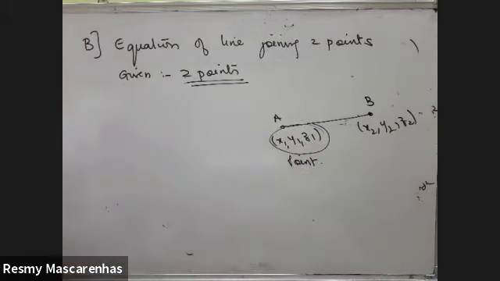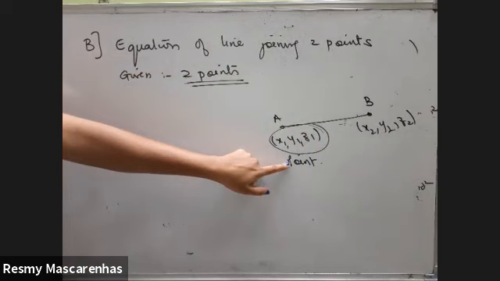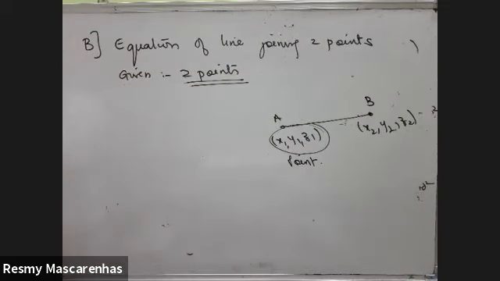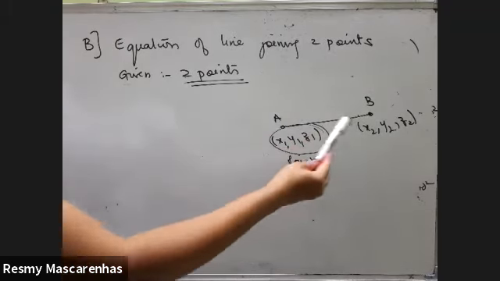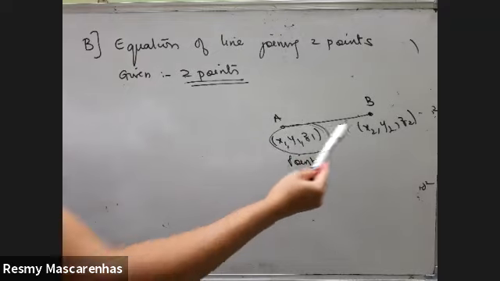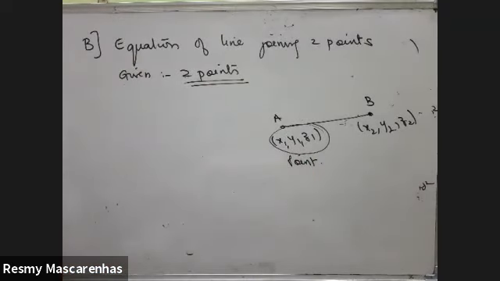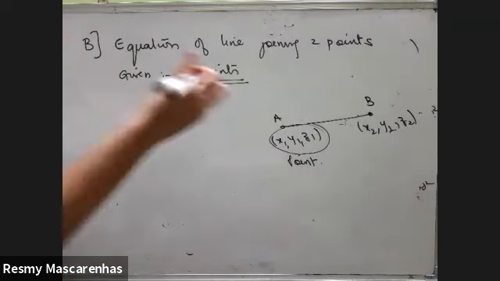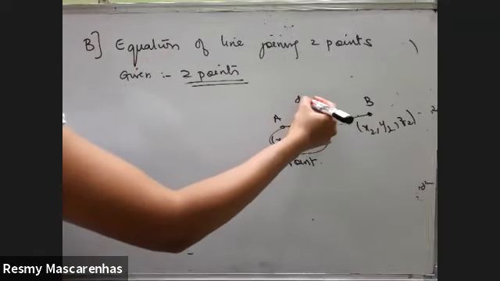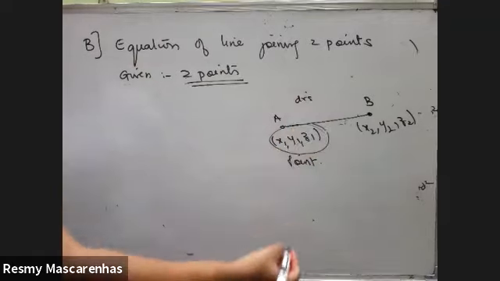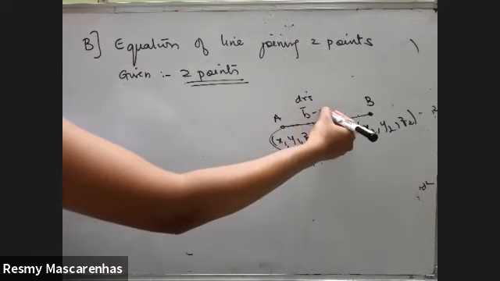So this is the point which you need. That is A. Now we also need, I told you, the second condition to find the equation of a line: always you need a point and the direction ratios. So obviously you know how to find direction ratios of a line. Given any 2 points, x2 minus x1, y2 minus y1 and z2 minus z1. Okay, so it is nothing but finding B minus A. So direction ratios are nothing but B bar minus A bar.